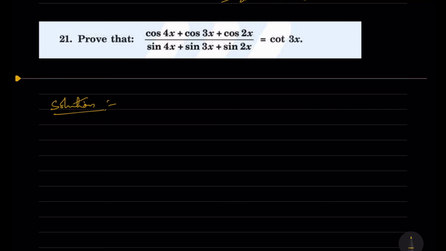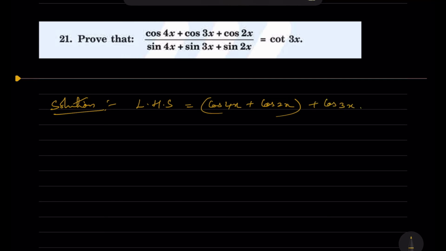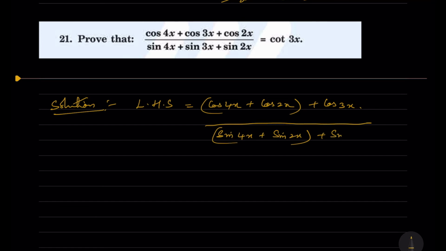So what will we do here is, taking the LHS first, we can write it as (cos 4x + cos 2x + cos 3x) divided by (sin 4x + sin 2x + sin 3x).